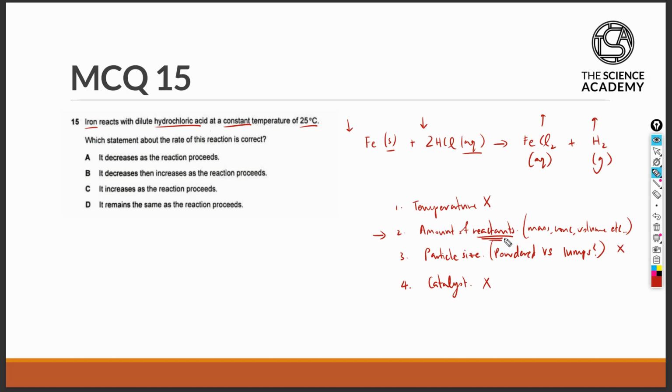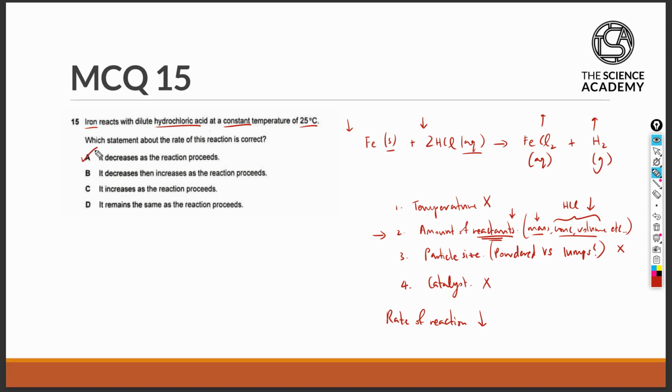Therefore, the amount of reactants is going to fall over time, meaning the mass of the iron metal will fall. The concentration and volume, multiplying both, will give us the amount of the hydrochloric acid, which will also fall, and therefore the rate of the reaction will decrease due to a decrease in factor number 2, which is the decrease in the amount of reactants left available over time.